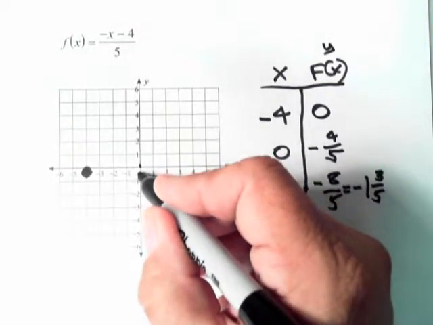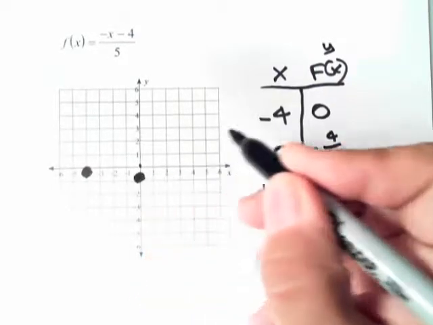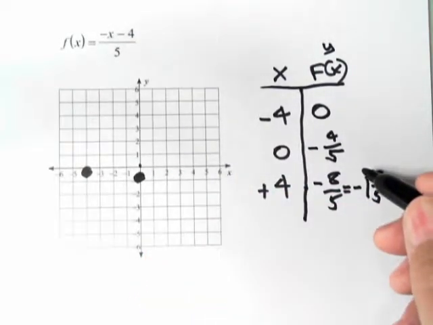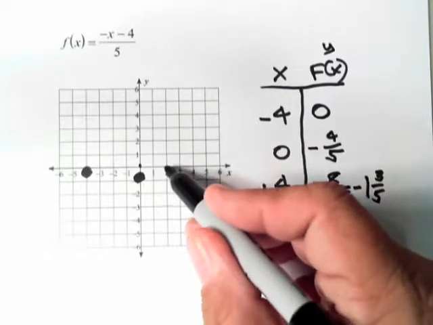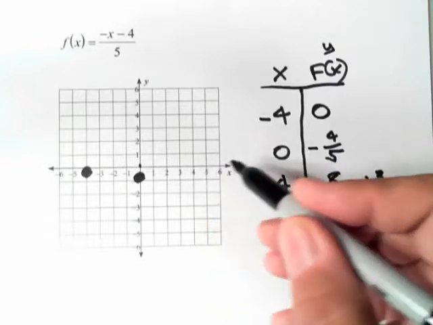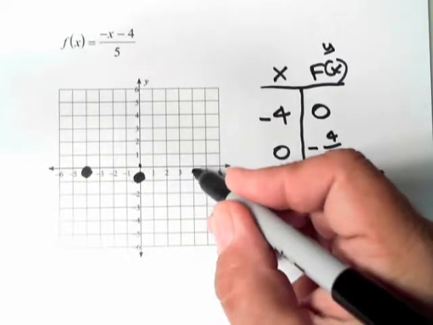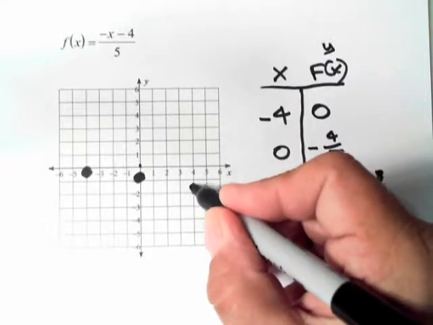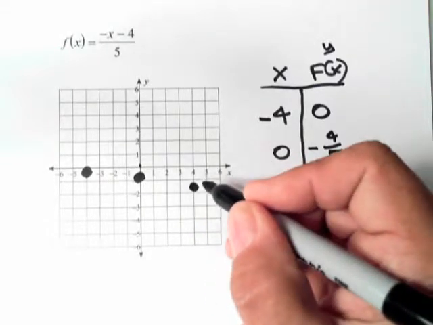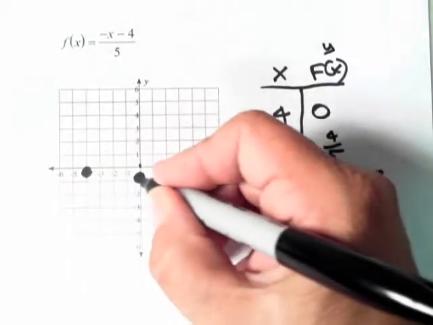Well, x equals 0 here, -4/5 is not quite to -1, so about there. Okay, and then x equals +4, 1, 2, 3, 4. Y is -1 and 3/5, so -1 and 3/5, just a little bit past halfway. So there we go.